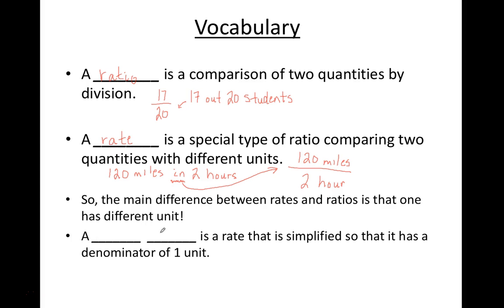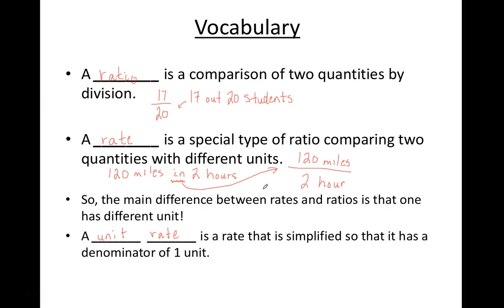All right, and finally, our last vocabulary word is going to be a unit rate. You might see it has the word rate in it. So it's still a ratio and they have different units, but this time the denominator will be 1.